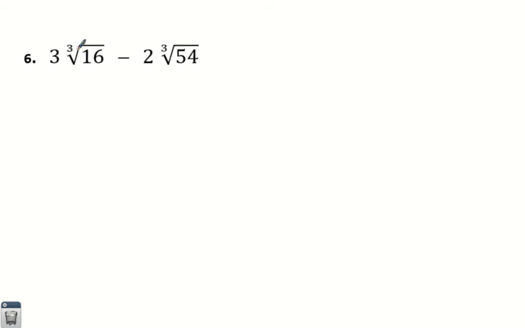So maybe I can simplify this a little bit, and maybe they will be. So here we go. The 3 just comes on down. Now, can I break off something from the 16 that I actually can take the third root of? The answer is yes, it's 8. And so I'm going to rewrite the third root of 16 as the third root of 8 times the third root of 2.